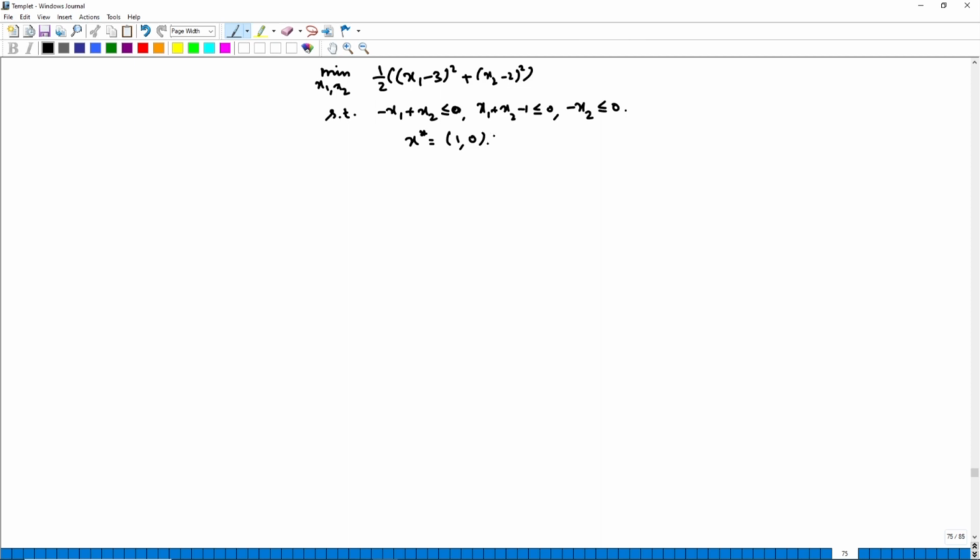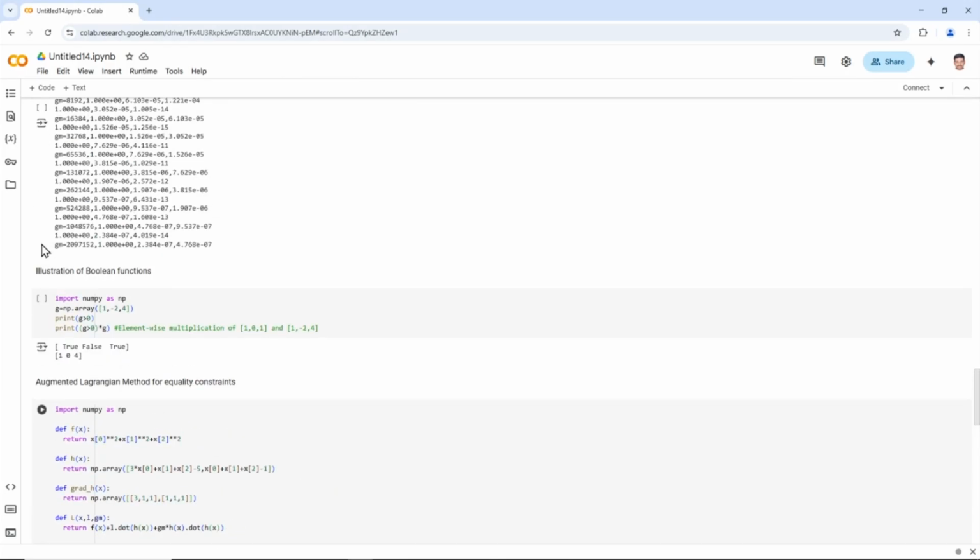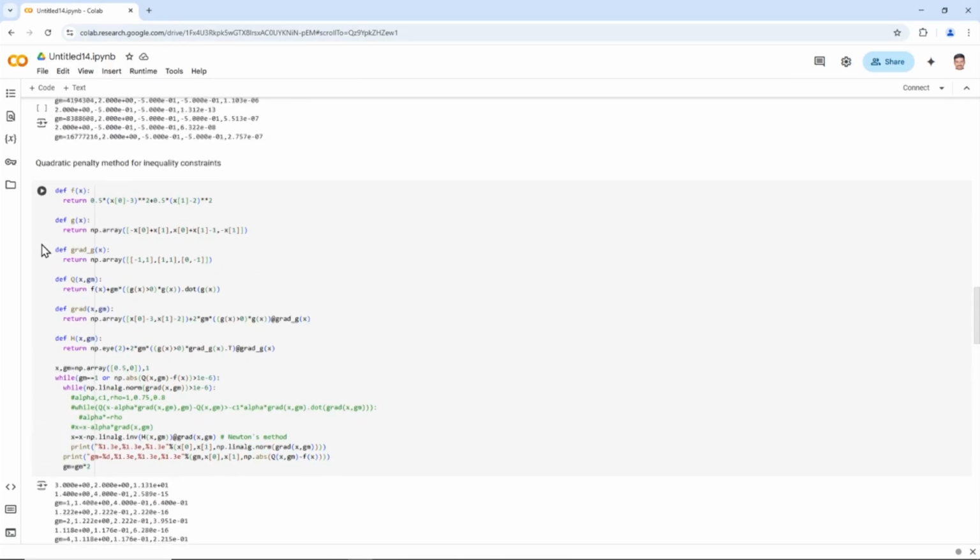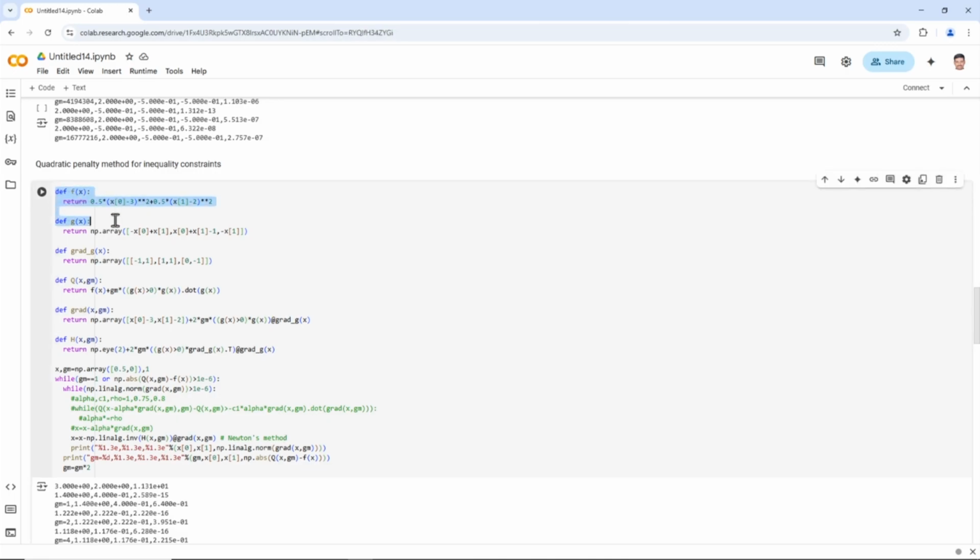So, we will try to solve this problem using Python now. So, yeah, this is a problem that we have solved earlier. So, we will take up f, g and grad g from this that we have already used, right.